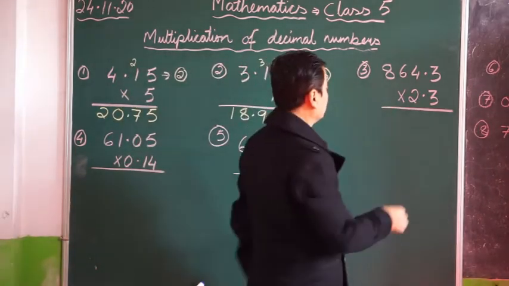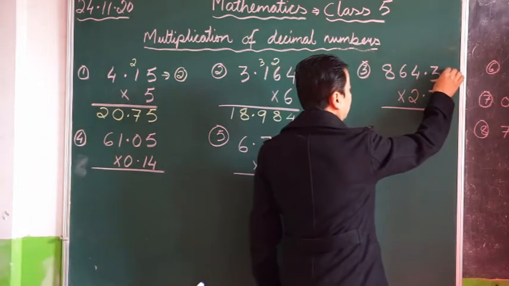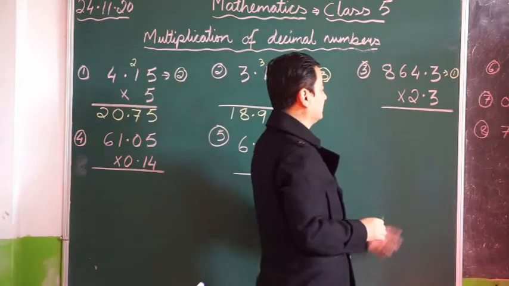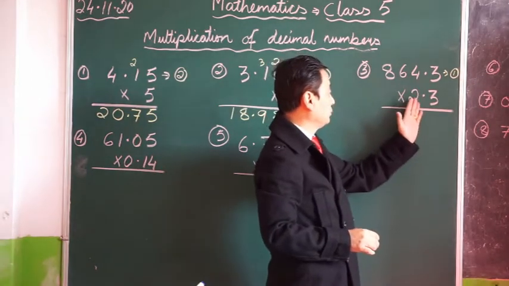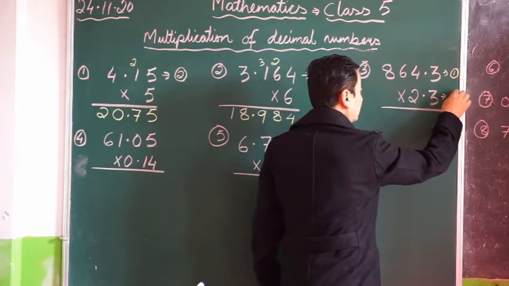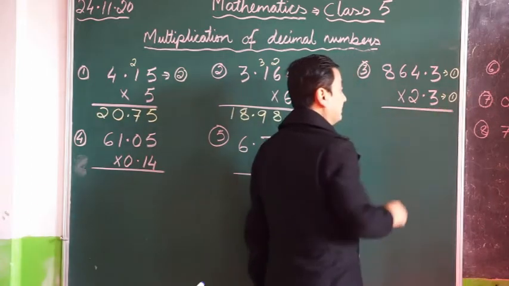Next one. So, on top, we have how many decimal places? 1. Now here also, this number is multiplied by 2.3. Down also we have a decimal point. So 1 decimal point.